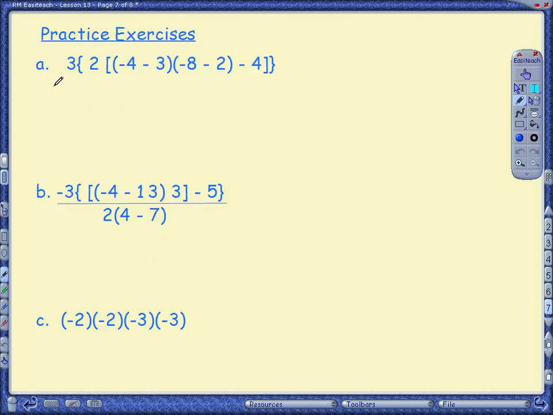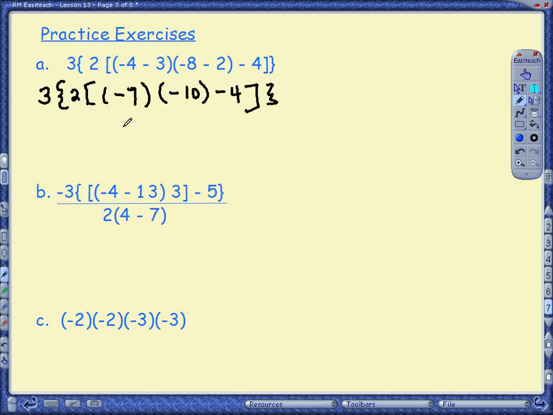Okay, we're going to do these practice exercises now, so take them down in your notes. Here's my innermost symbol of inclusion, and we add algebraically -3 plus -4, and we get -7. We add these 2 next, that's -10 minus 4, rewrite the bracket, rewrite the brace.